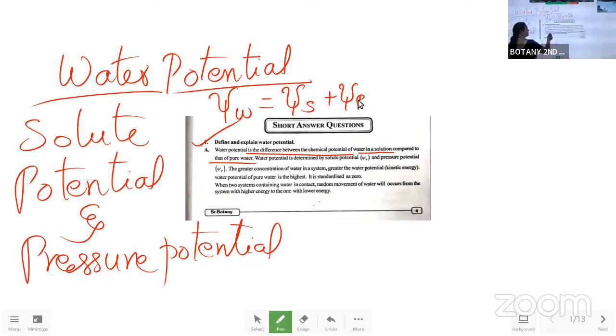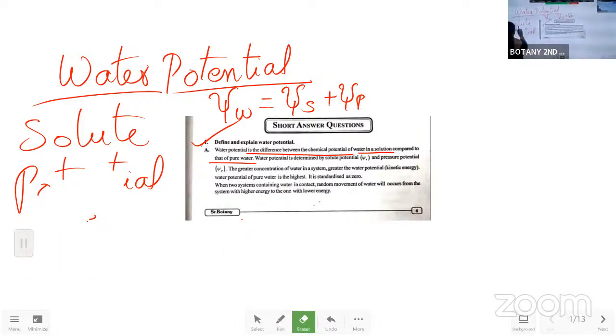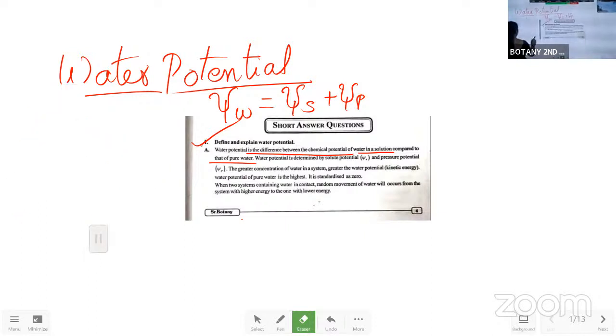The greater the water concentration, the more kinetic energy the water has. When there is a greater concentration of water in a system, meaning more water molecules, the greater the kinetic energy of the water and the greater its water potential.